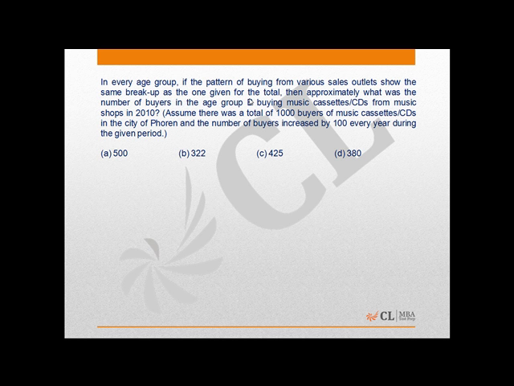Assume there was a total of 1000 buyers of music cassettes or CDs in 2010 in the city of Foreign, and the number of buyers increased by 100 every year during the given period. It is given that the pattern of buying from various sales outlets shows the same breakup as given for the total.